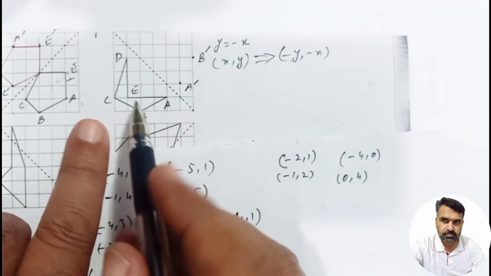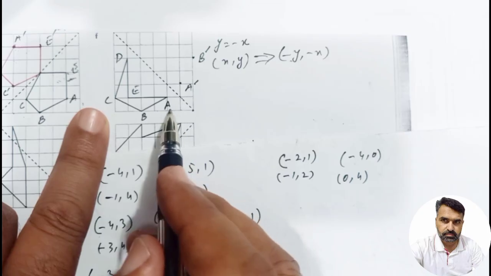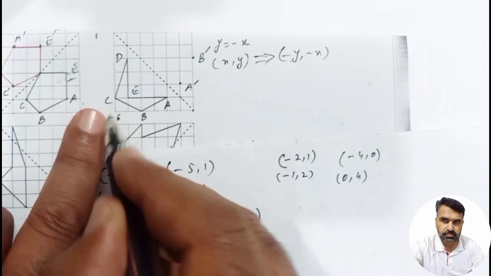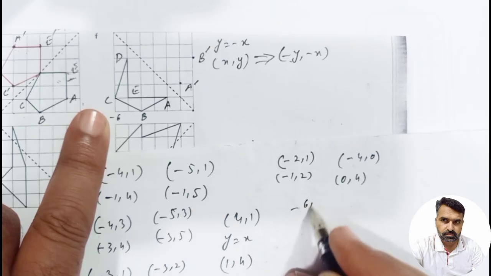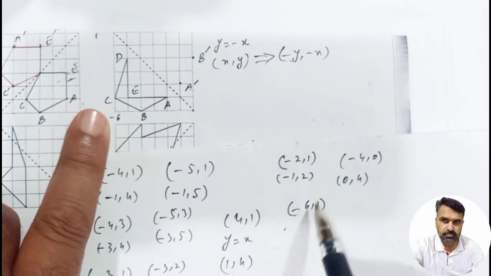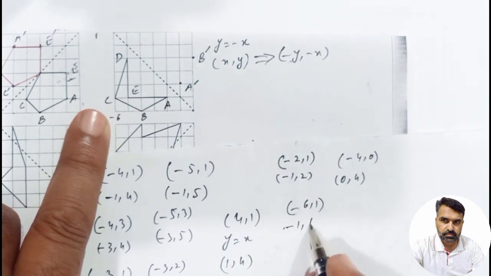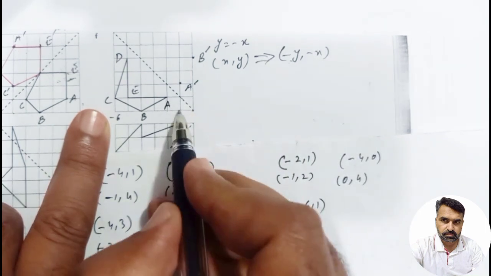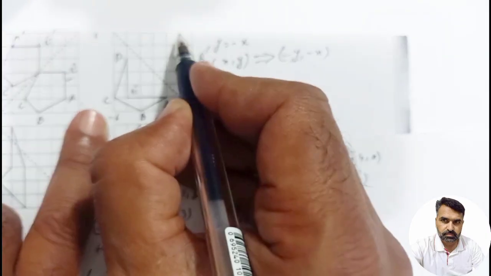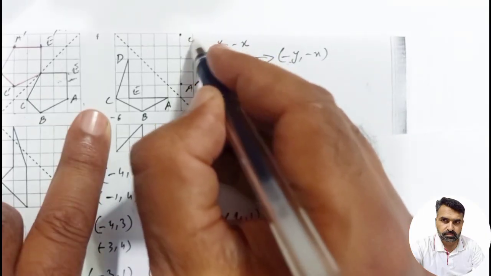Now students, look at the coordinates of point C. It is -6 and 1, and when we change the coordinates of this point according to this law, it will become -1 and 6. So this point is called C prime.